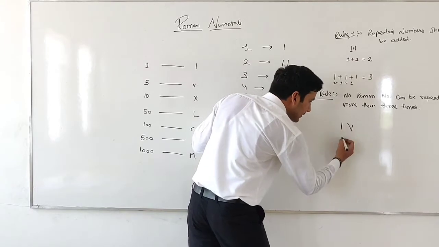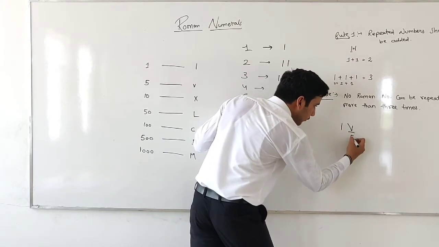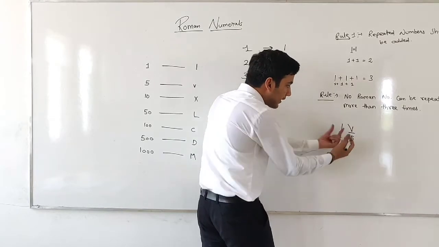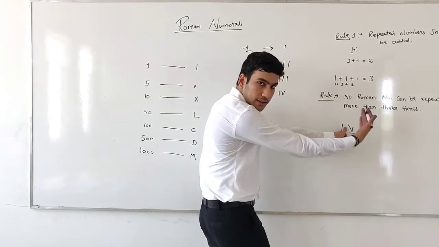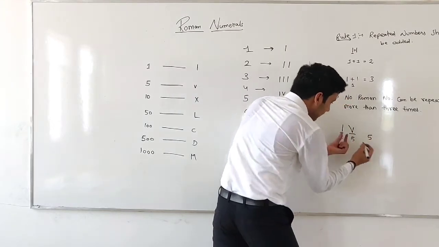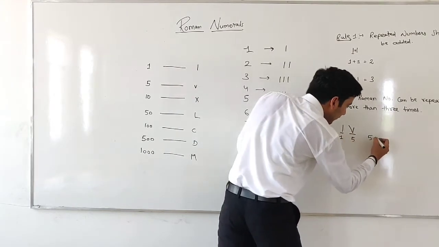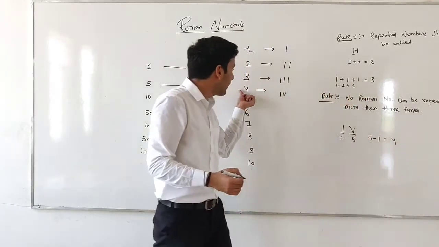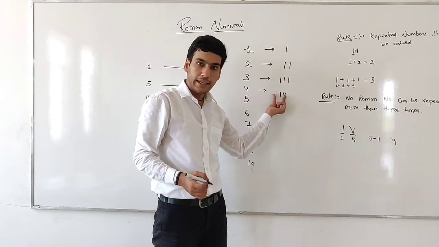This is the Roman number for 5 and this is the Roman number for 1, and you write this Roman number left of this greater number. So this Roman number is subtracted from this. That is 5 minus 1 is 4. So the Roman number for 4 is IV.